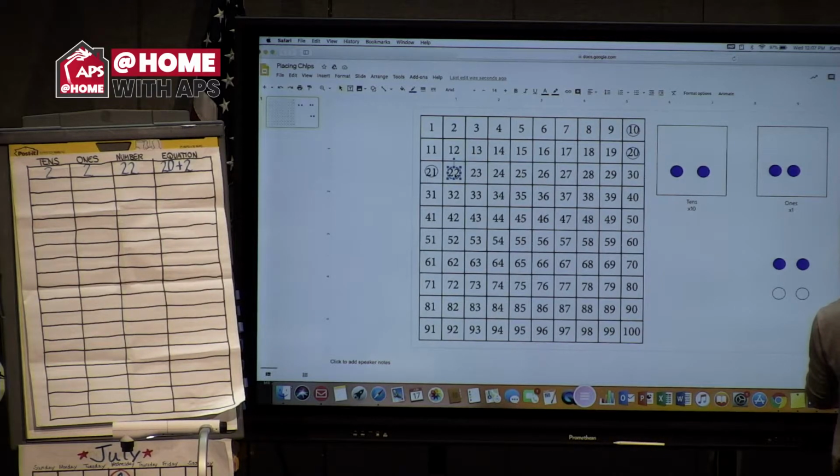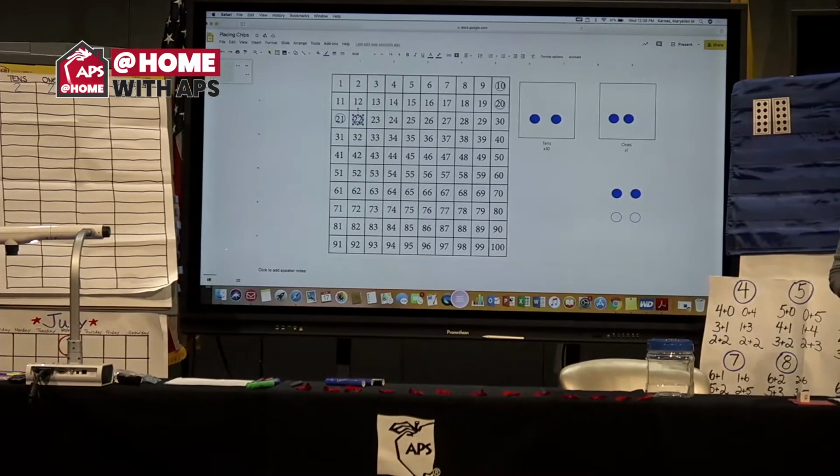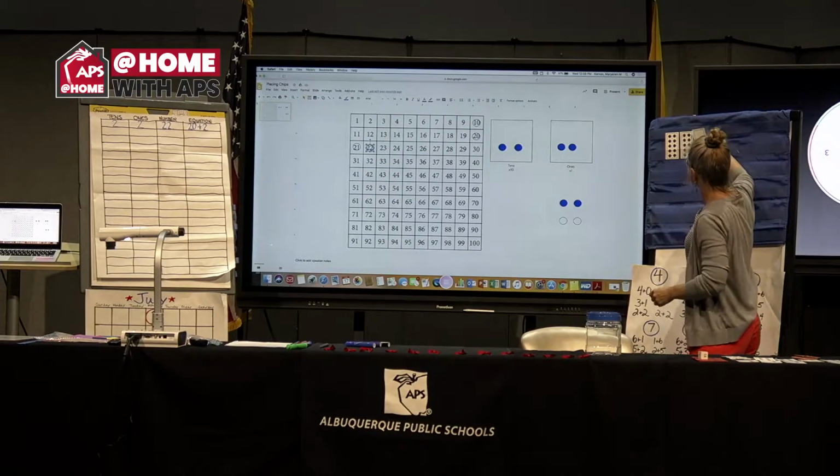I also want to see what that looks like when we're thinking about the quantity, because we don't want to just work with the numbers. We want to think about how much that really is. So how many tens did I say that I had? 2. And how many ones? 2 of those also. So that made 22.